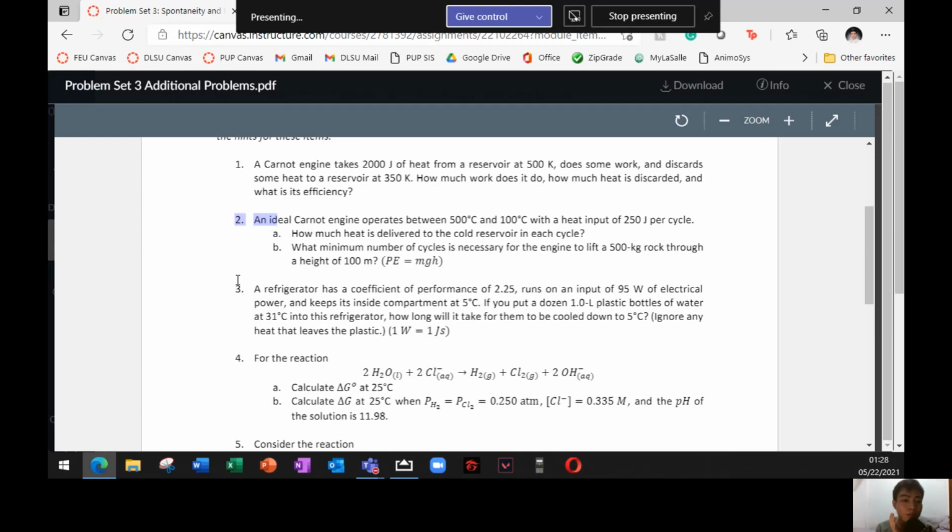Sa number 3, kailangan mo daw gumamit ng refrigerator to lower down the temperature of an object and gaano katagal. So remember that power is the work over time, so you can use the work pa rin. I will leave that to you to work on.